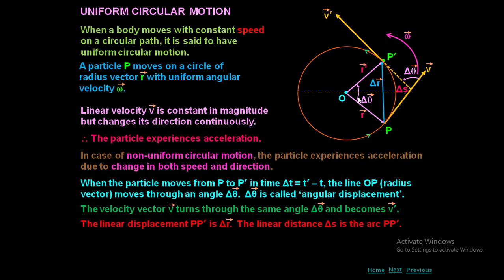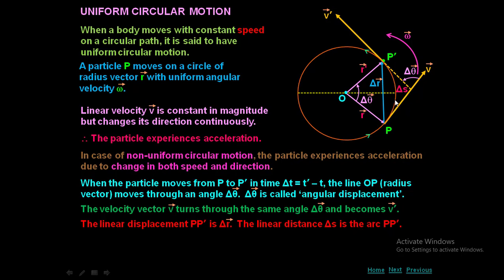The linear displacement is PP dash, because the displacement is nothing but a straight line from the initial to the final point. So this is the displacement, which is denoted by delta r bar. The linear distance delta s is the arc PP dash.